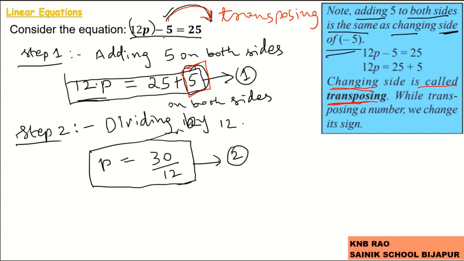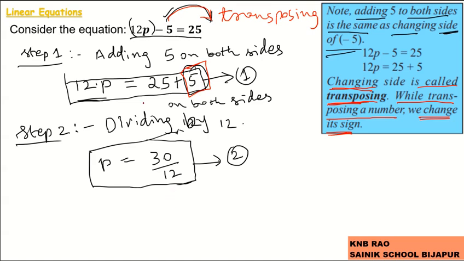So on transposing, minus 5 from this side becomes plus 5. So while transposing a number, we change the sign of it. So here, the subtrahend becomes the addend on this side.